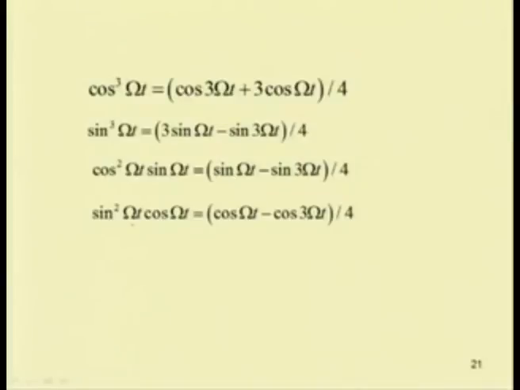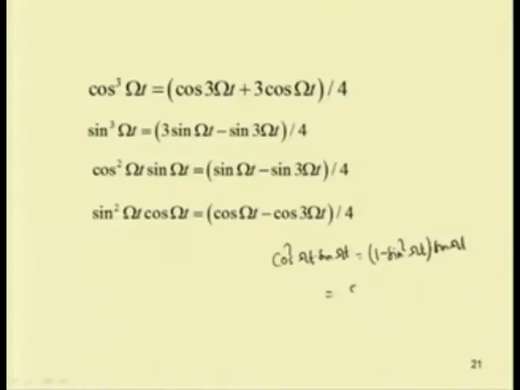Similarly, cos²ωt times cos ωt equals (cos ωt + cos 3ωt)/4. For example, for this cos²ωt sin ωt, one can write cos²ωt equal to 1 − sin²ωt, times sin ωt.